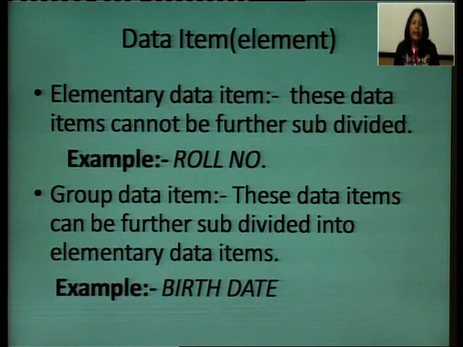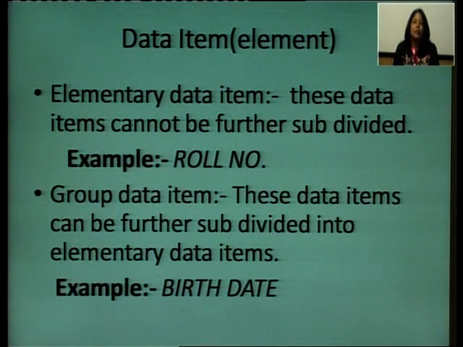So elementary data items are those data items that cannot be further subdivided. Clear? The best example is your roll number.